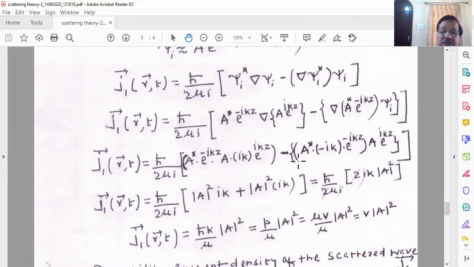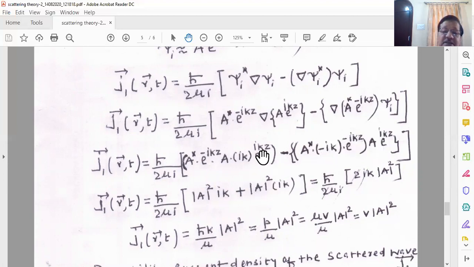And now here you will see there is a minus sign here and a minus sign here. So minus minus gives you positive. And this A* into A gives you mod A square. This gives you plus ik, and e to the power of minus ikz times e to the power of plus ikz gives e to the power of 0, which is 1.